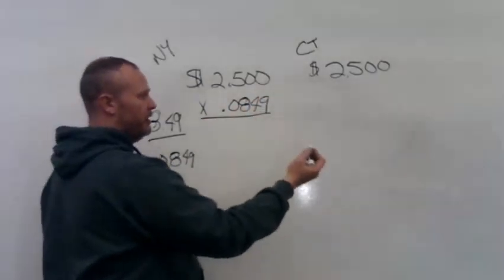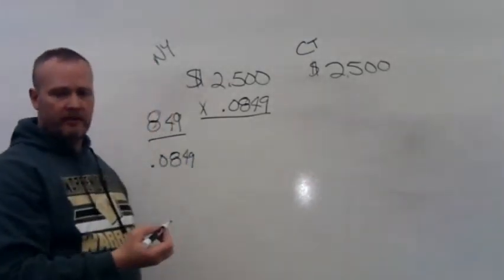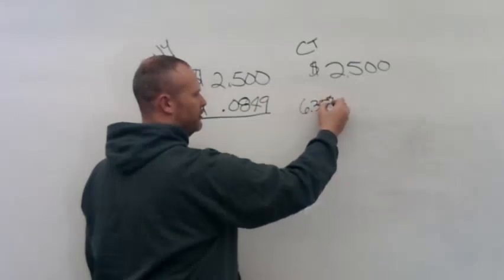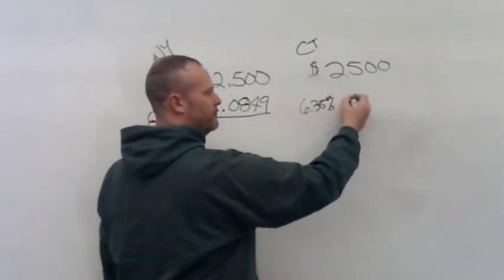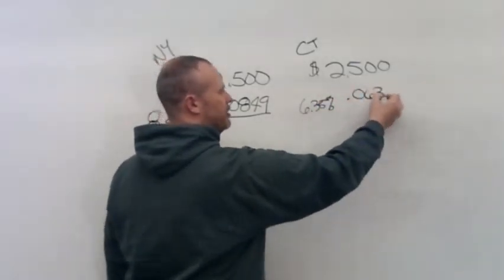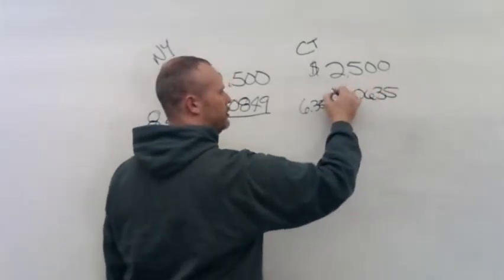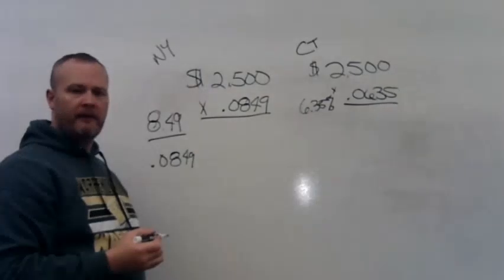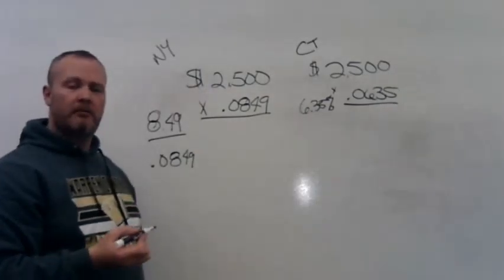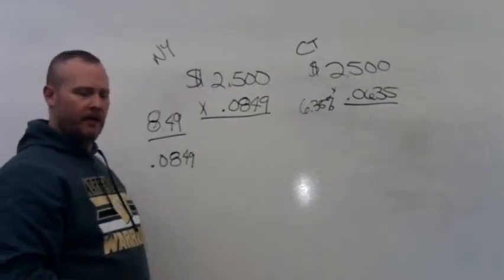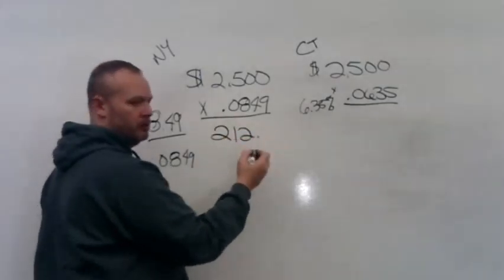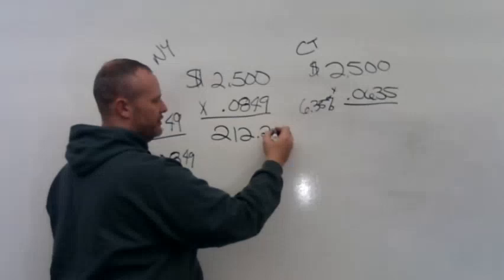And then in Connecticut, the sales tax is 6.35%, which in decimal form is 0.0635. You'll multiply both. When you multiply 2,500 by 0.0849, it's $212.25.